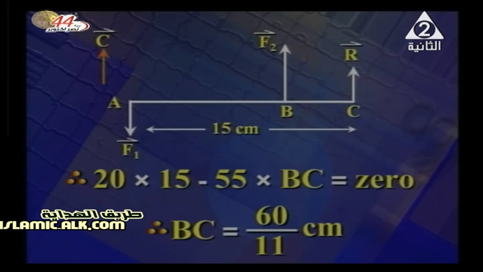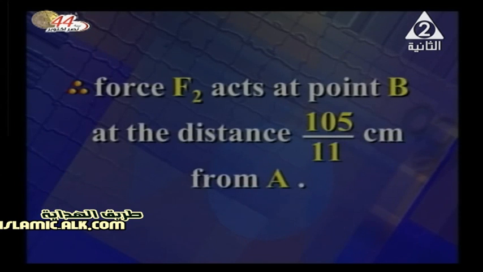What do you mean? It means the force F2 acts at 60 over 11 from point C. Force F2 acts at point B at a distance 105 over 11 centimeter from A.